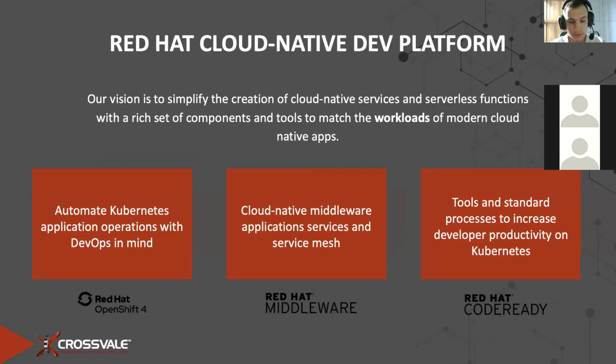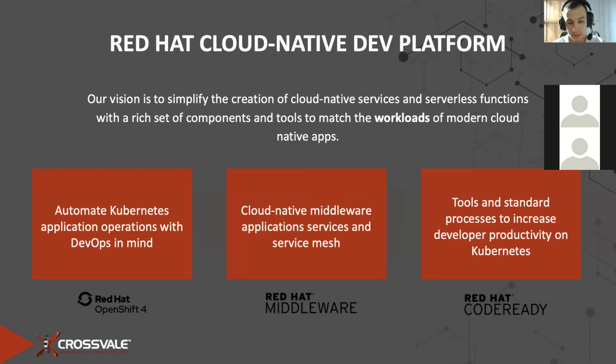In order to do this, Red Hat provides the OpenShift Platform, which is a Kubernetes customization that allows some of the operations to be done more easily than in Kubernetes. It also has some Red Hat middleware solutions that can run in OpenShift and solve a lot of problems, like, for example, the monitoring problem.